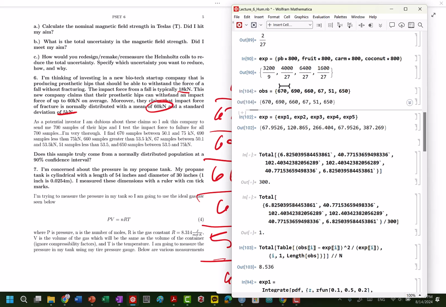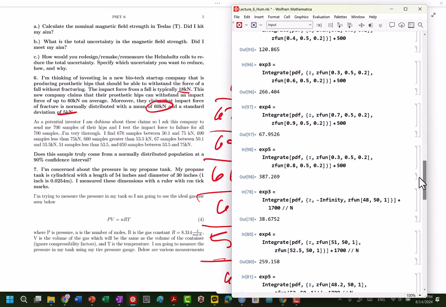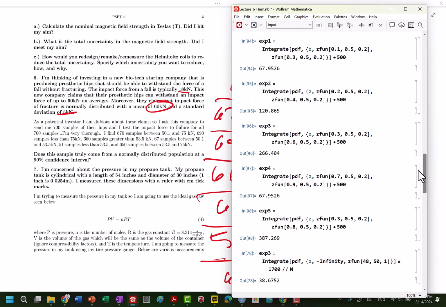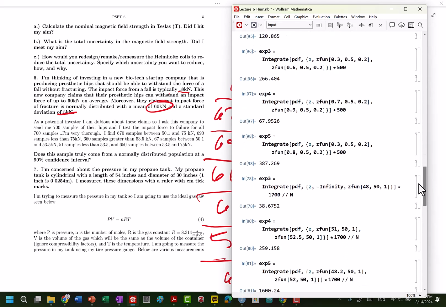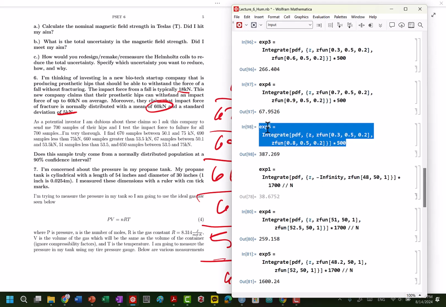Our observed is going to be 1, 2, 3, 4, 5, 6. So 1, 2, 3, 4, and then let's do an expected 6. Let's go down here because I want to go through these expected 1, expected 2, expected 3. So I'm going to do an expected 1 equals. So first, it's going to be between two values. So actually, I'm going to steal this.